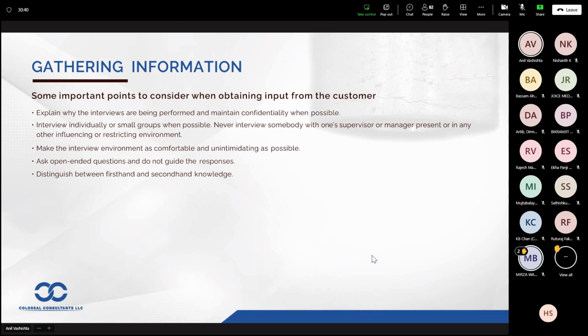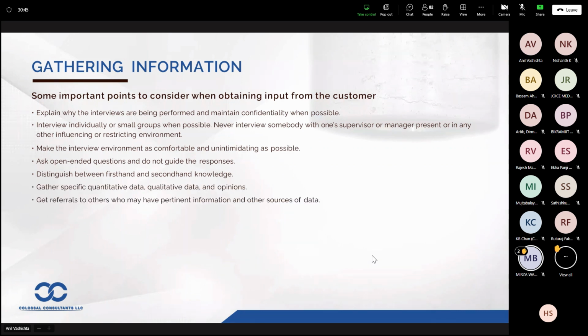Distinguish between first-hand and second-hand knowledge. Gather specific quantitative data, qualitative data, and opinions. Get referrals and recognize biases when interpreting answers.